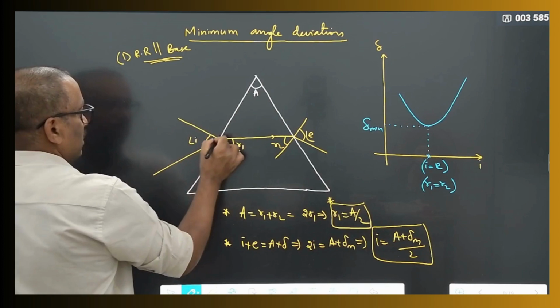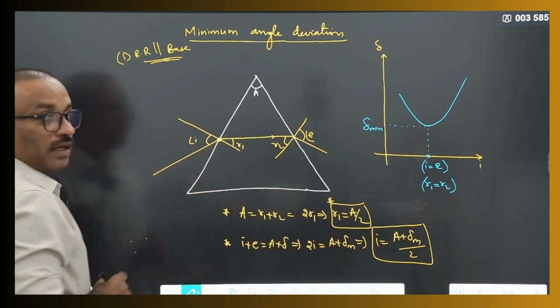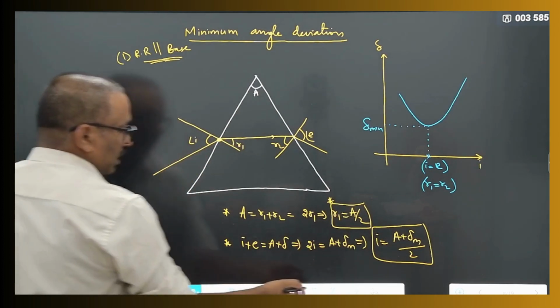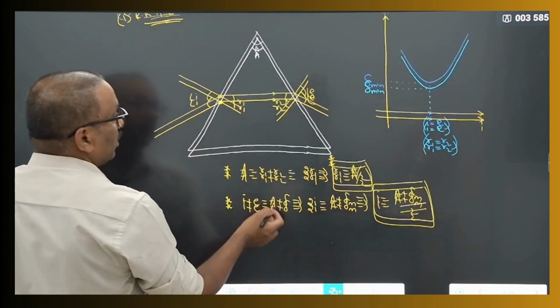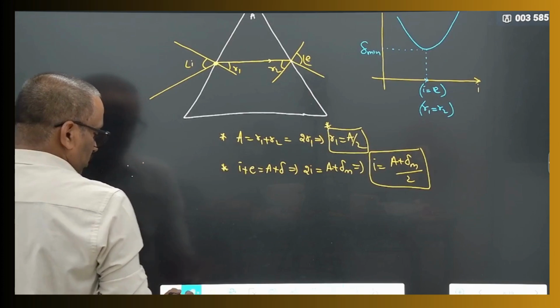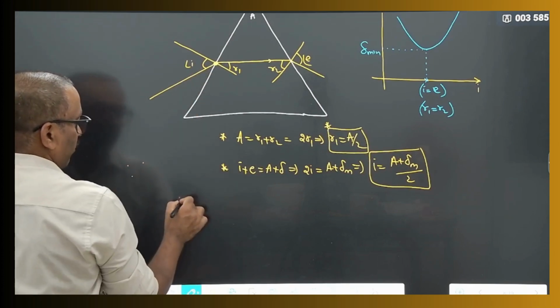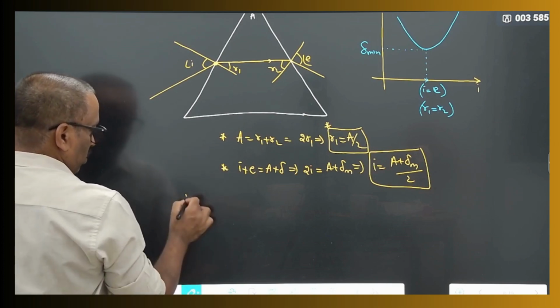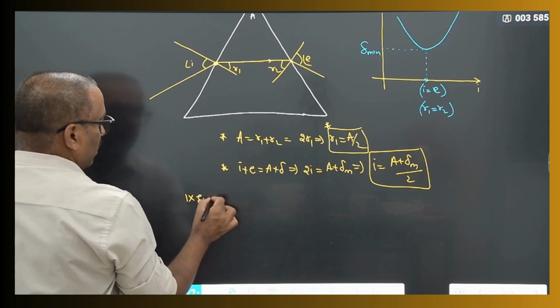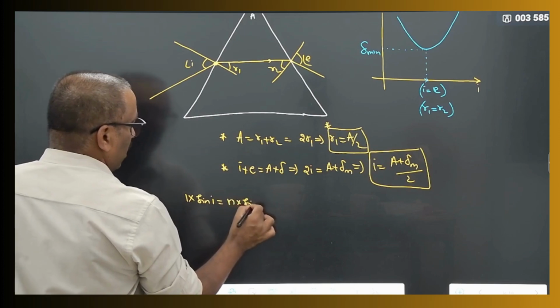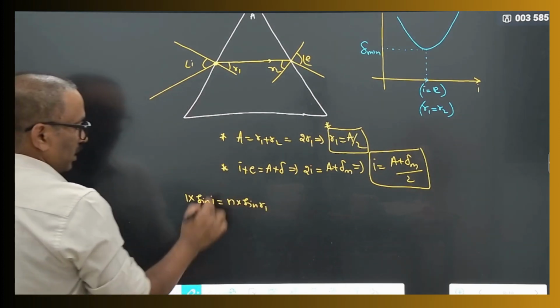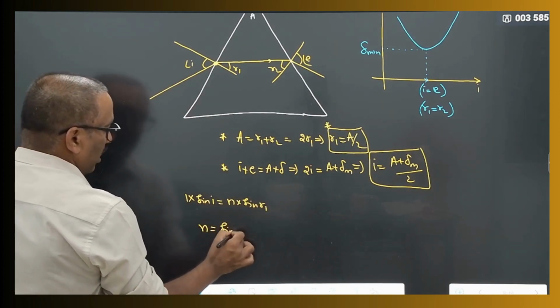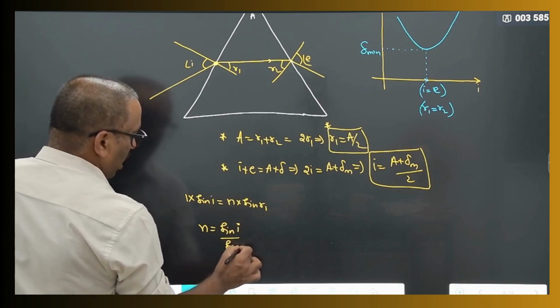Now you can apply Snell's law here. What can you write with Snell's law? Very simple one. 1 into sin I is equal to n into sin R1. So n is equal to sin I by sin R1.